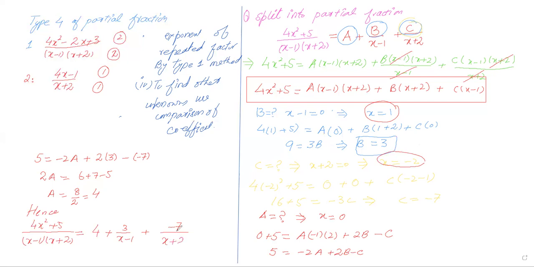That is the answer of this question. That is the first method. With these steps, you can solve any partial fraction of type 4, where the numerator as well as the denominator are of the same power.